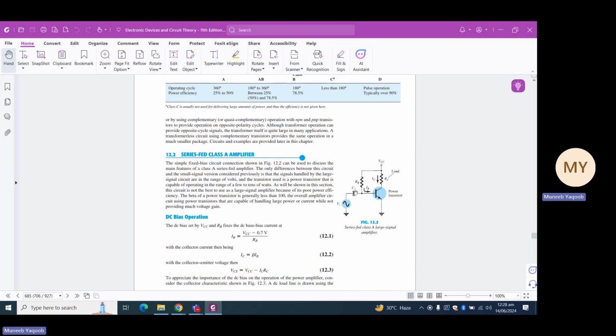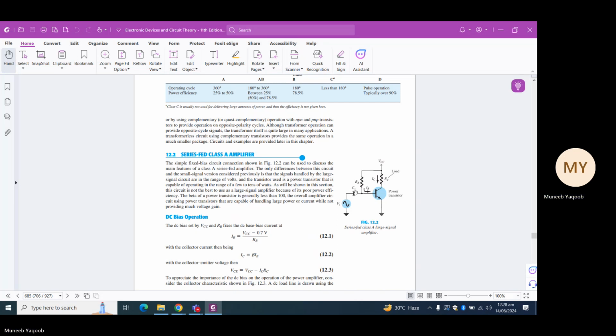If we calculate its base current, we apply Kirchhoff's voltage law on its input side. That is, we write minus VCC plus IB RB plus VBE equals 0. Then we make IB the subject of the equation, and it becomes VCC minus 0.7 whole divided by RB.